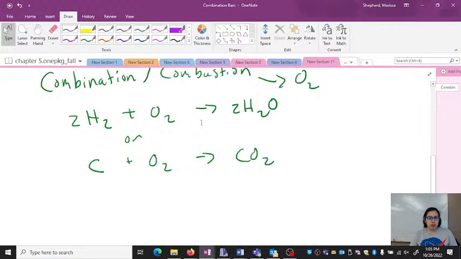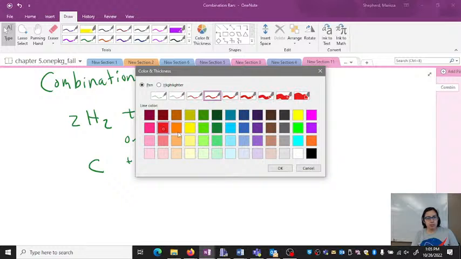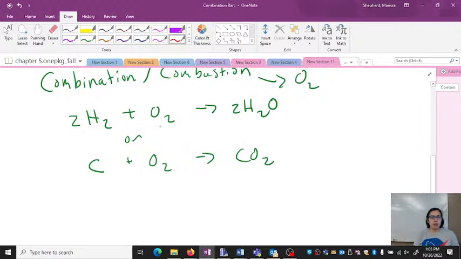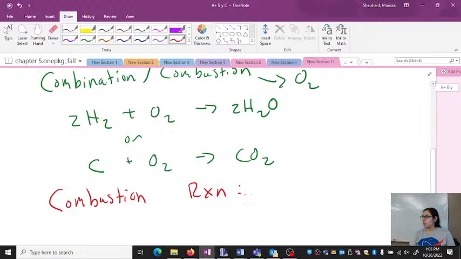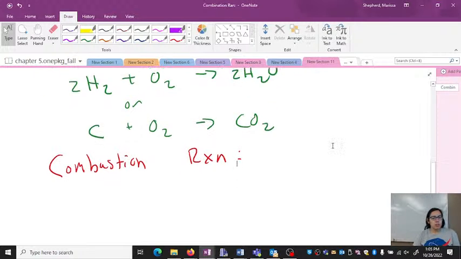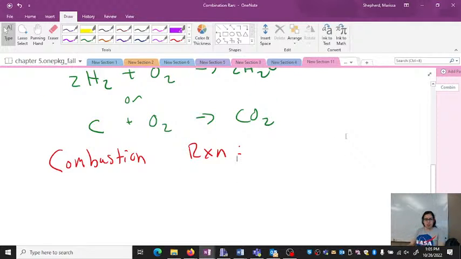And while we're on combustion, if it's not just a simple combination combustion reaction, then what are the two products of a combustion reaction? There's always two products, and then back to the reagent of oxygen. What are the other two products that let you know that it's a combustion?